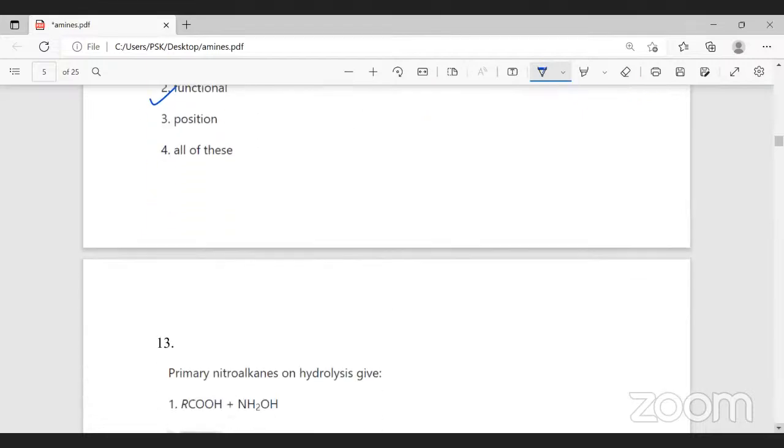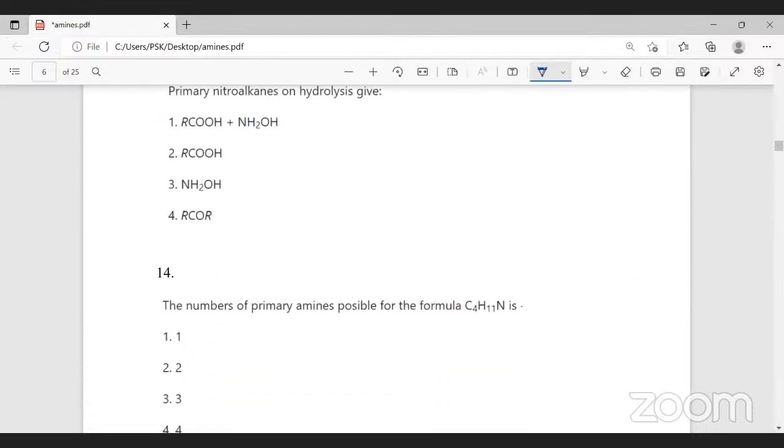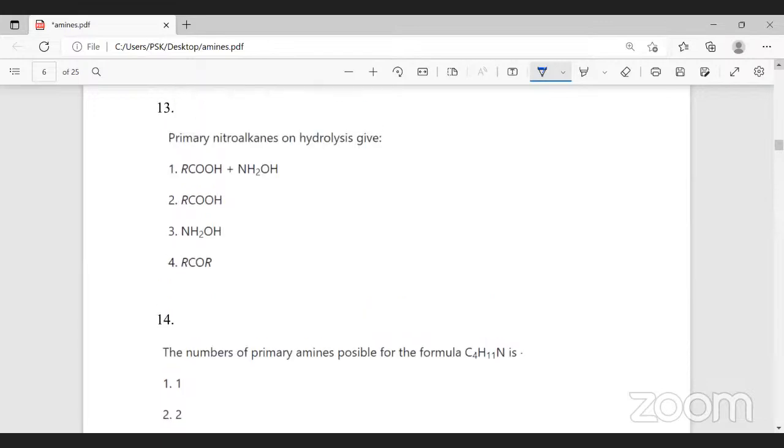The next question. Primary nitroalkanes on hydrolysis give. Primary nitroalkane, generally we represent it as RNO2.